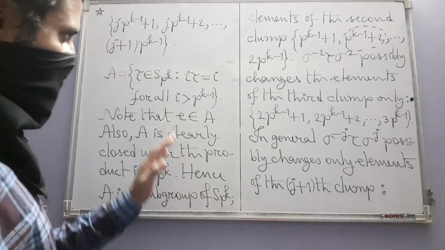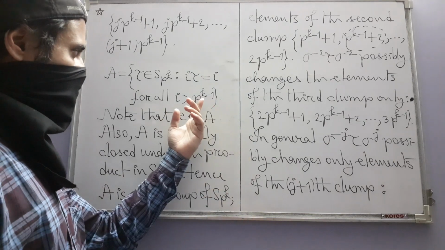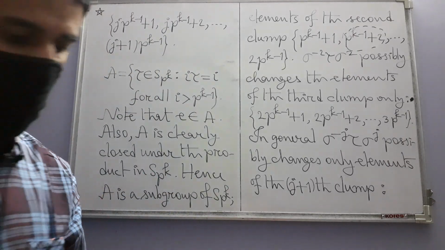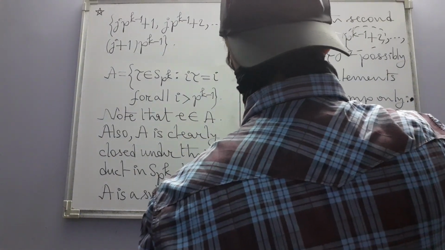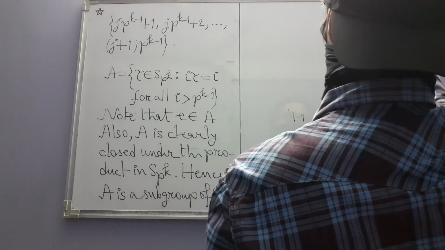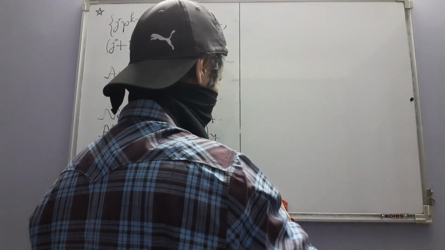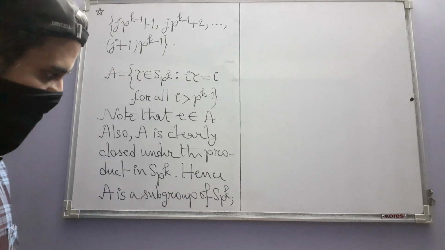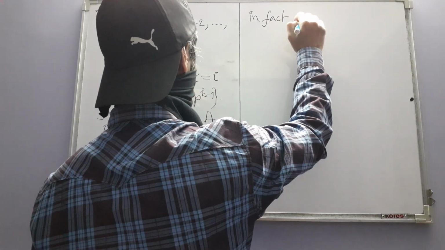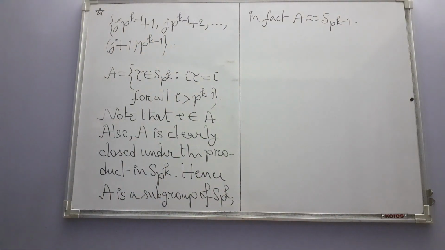And in fact, you can see that the permutations in A actually have their effects only on this set, the set of the first p^(k-1) positive integers, which is why this subgroup A in fact is just like another permutation group, namely S_{p^(k-1)}. In fact, A is isomorphic to this.